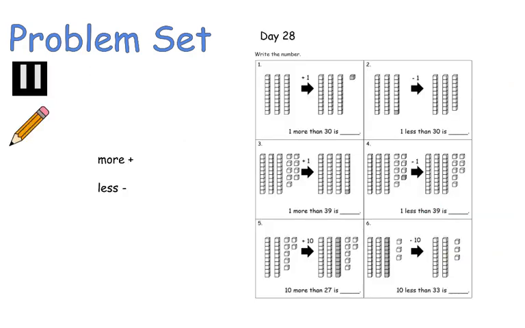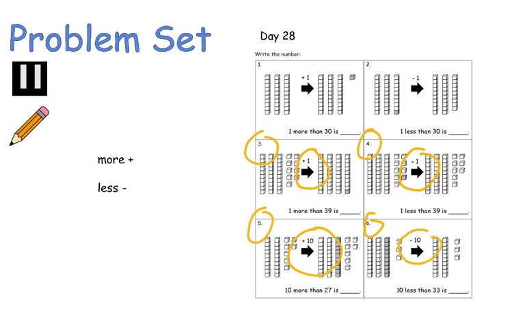Great job. So now you're going to do it by yourself. You're going to do 3, 4, 5, and 6. Number 3, they're adding one more with you. 4, they're taking one away, one less. This one is 10 more and 10 less.